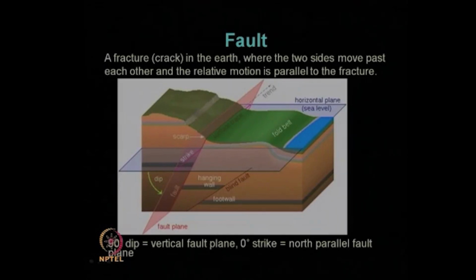So, these are the common definitions or common parameters which are used by seismologists or geologists to identify the orientation of a fault plane with respect to the horizontal plane, which is considered at mean sea level. So, with this we have come to the end of this lecture. We will continue further in the next lecture.